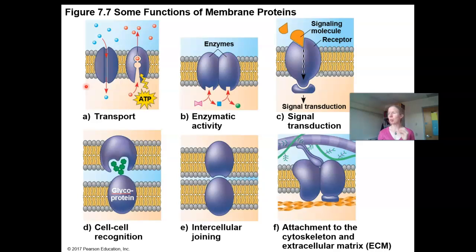I said it's selectively permeable, and the phospholipid sets up this situation where really only lipid-soluble molecules can diffuse easily into the cell. But the proteins can act as channels, they can actually act as pumps. So here we see a protein that's using energy, using ATP, to force molecules against their concentration gradient, basically acting as a pump.